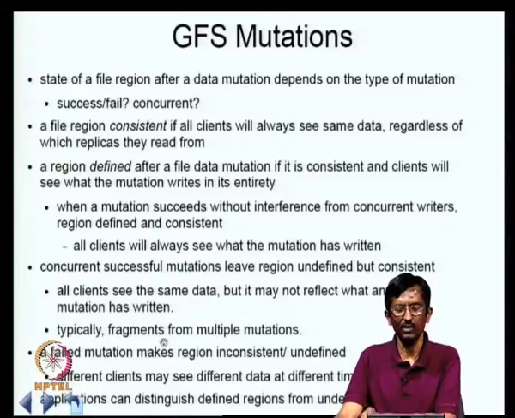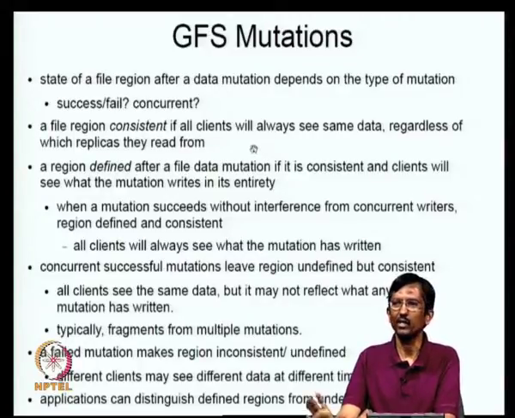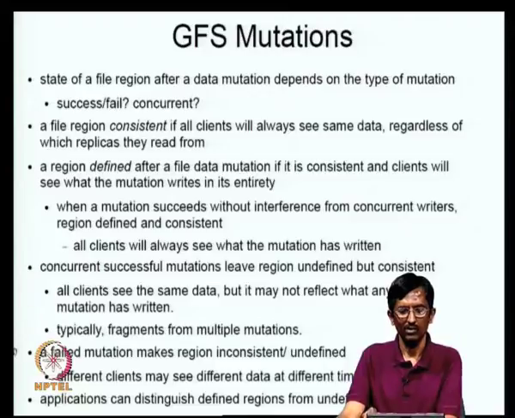So the idea basically is that you can have something consistent, which means everybody sees the same data, but it may not be defined. It is defined in case a particular write made it in its entirety, and you can see very clearly that this write is there without being interspersed with other writes. Okay.